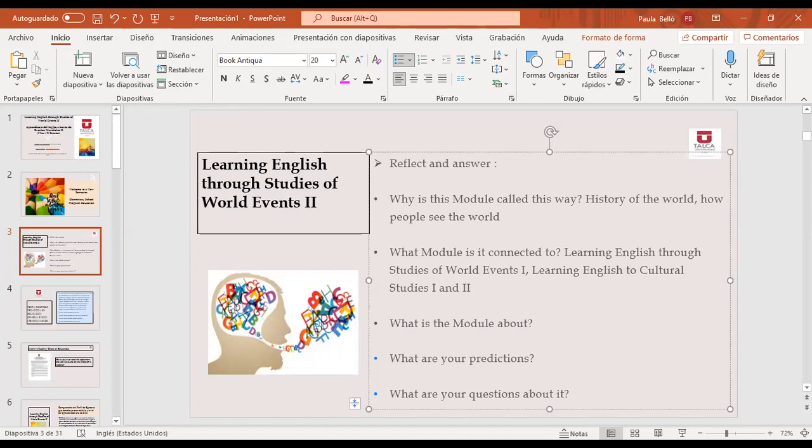And you are supposed to be developing the skills in the language. Which are the skills in the language? They are 4, mainly, but there are more. Which skills do we develop? We do them in all the modules in which you learn English, you develop the English language.